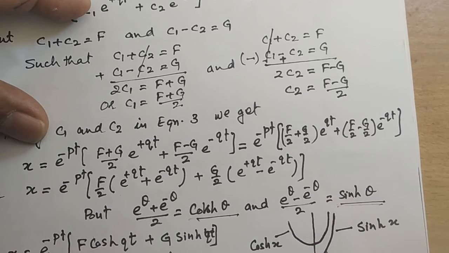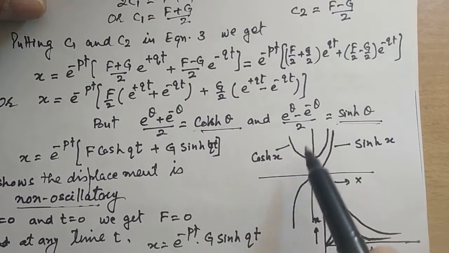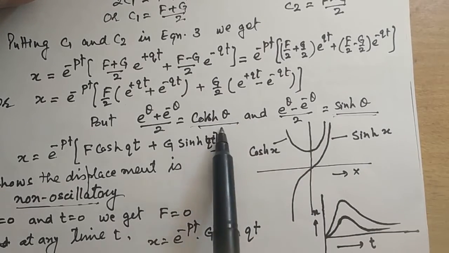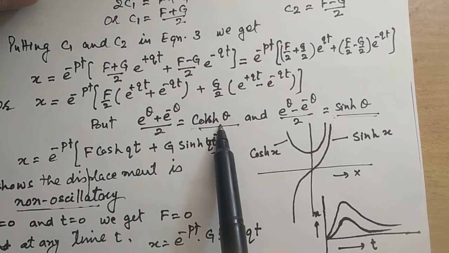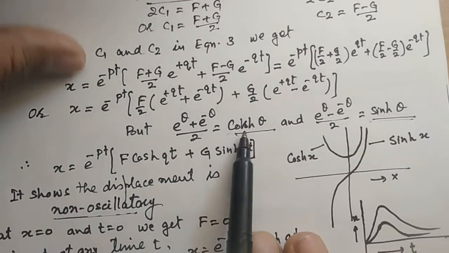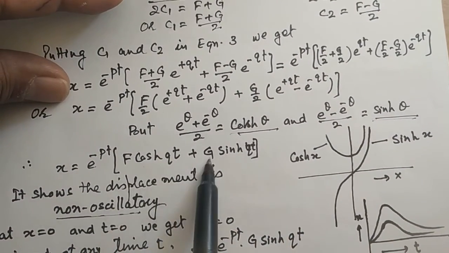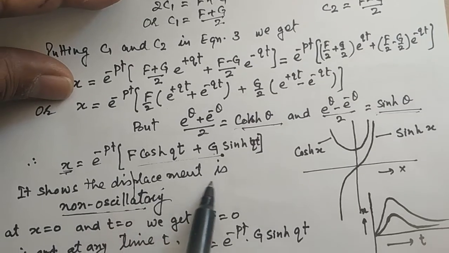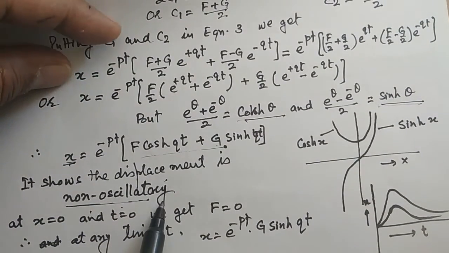Both of these are not oscillatory like the sine wave or cos wave we have seen. So sine hyperbolic and cos hyperbolic are not oscillatory. Therefore, when we put these values here, it shows that the displacement will not be oscillatory. So we can write that displacement is non-oscillatory.